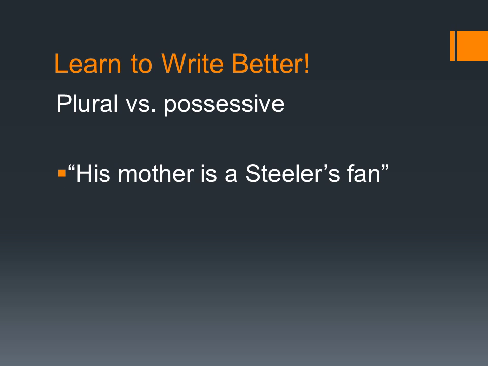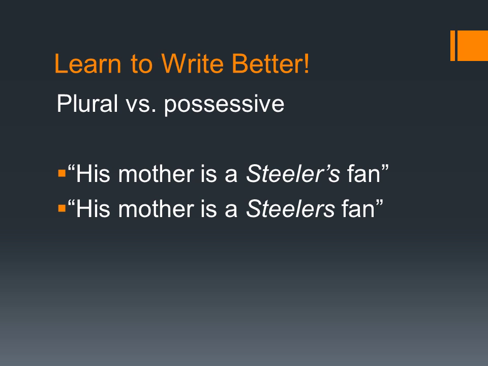Now, a whole series of examples here to take a look at. And these are all examples that have been submitted in previous sections of this course. His mother is a Steelers fan. Okay, she is. But is a sentence punctuated correctly? No, it's not. Why use the apostrophe to indicate that she possesses the fan?